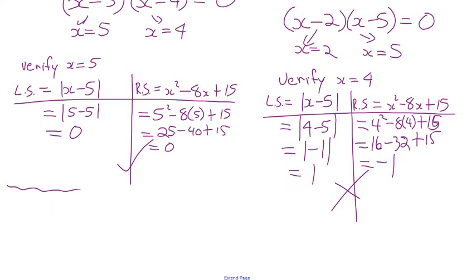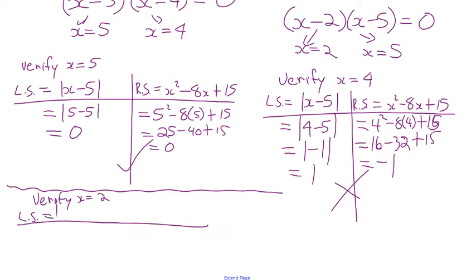And one more, which is x equals 2, which in this case we expect to verify. 2 minus 5 is negative 3, and the absolute value of that is 3. Verifications need to have some detail, but if you want to see more, just ask.